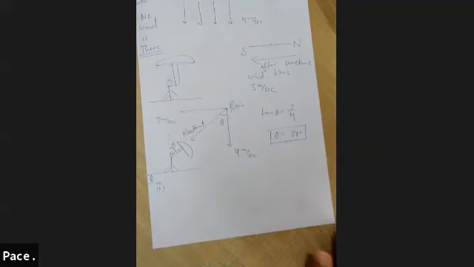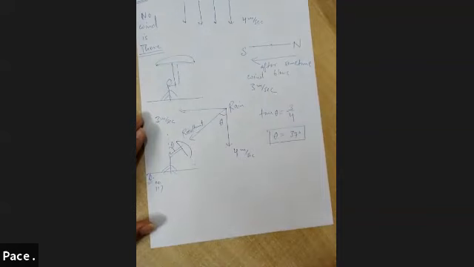In the second part, a man standing on a horizontal road has to hold his umbrella at 30 degree to the vertical to keep rain away.